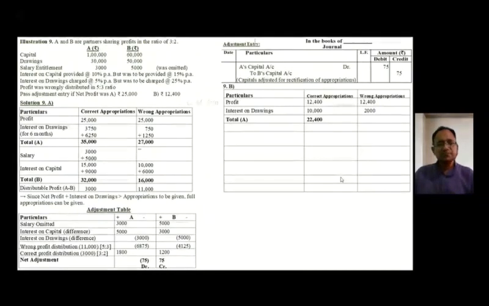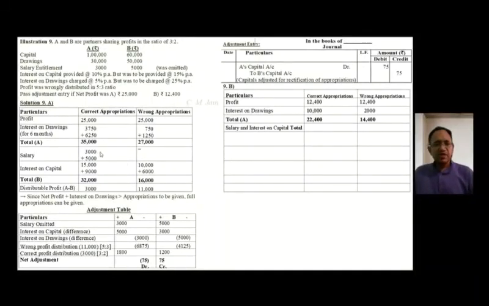How much? Yes, absolutely, 14,400. Then we will write appropriations to be given.